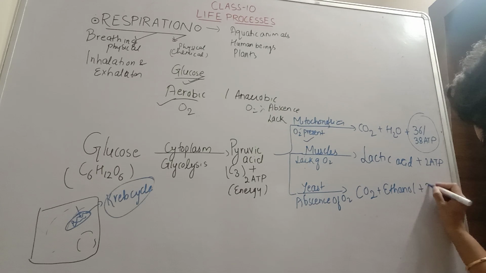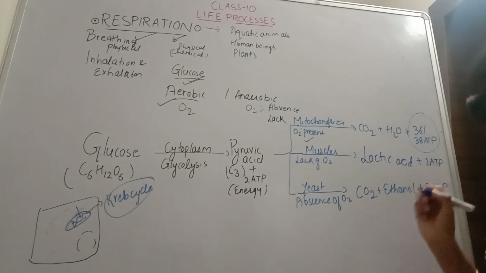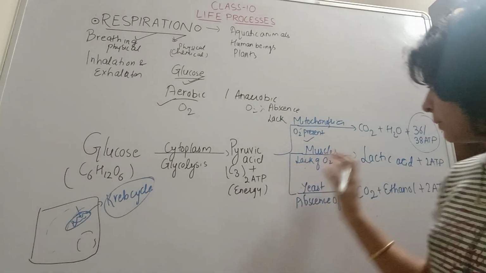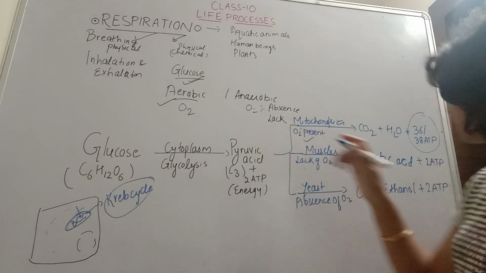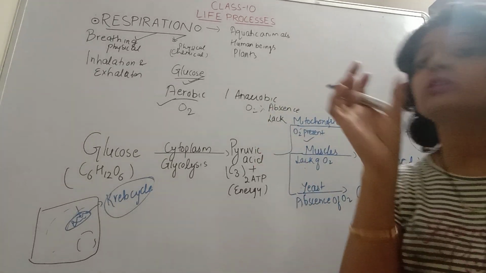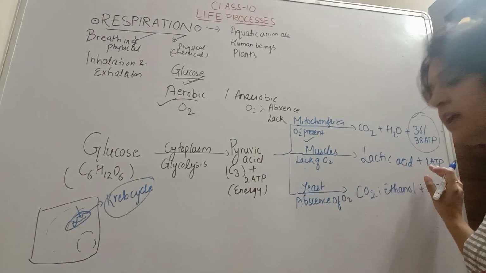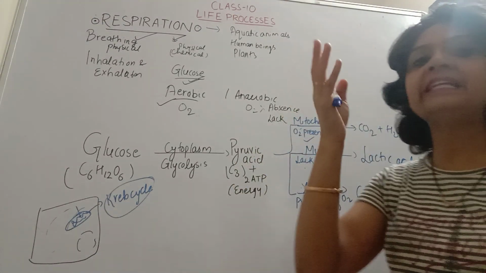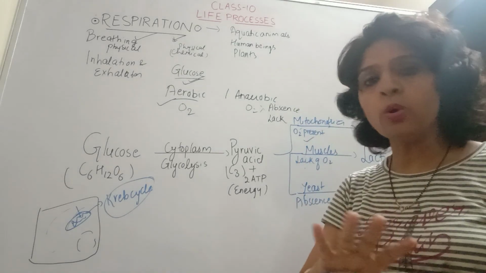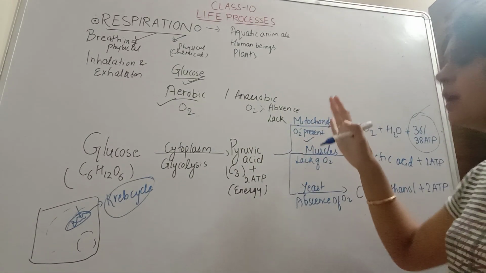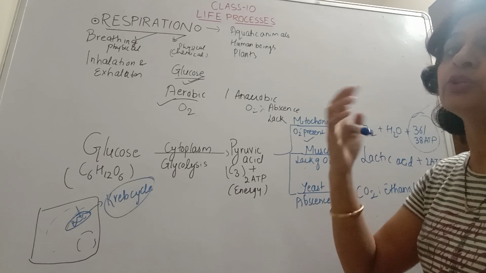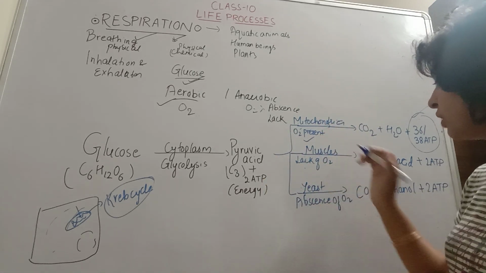And in this case also, only 2 ATP are formed. So compared to aerobic respiration, where I get 36 to 38 ATP molecules, in this case I am getting just 2 ATP molecules. So the energy obtained is comparatively low, but it's a pathway which is actually used by different organisms.